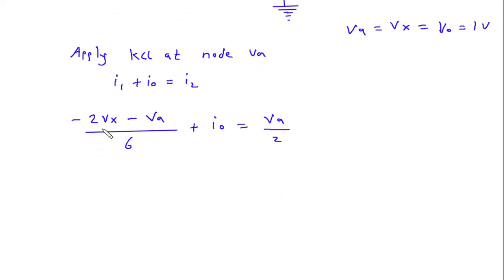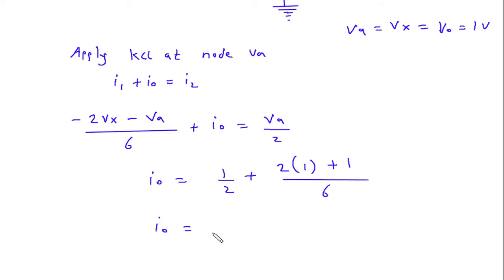So from this IO is equal to VA by 2 or directly 1 by 2, then plus 2 into 1, then plus 1 by 6.